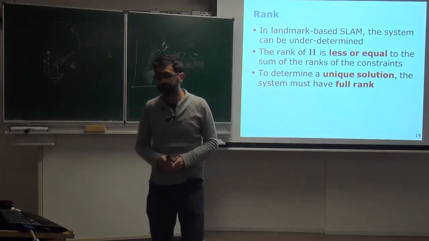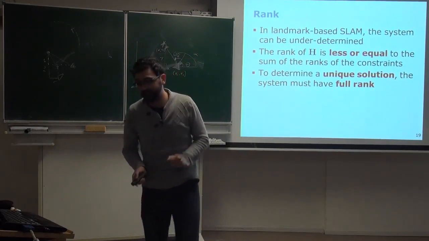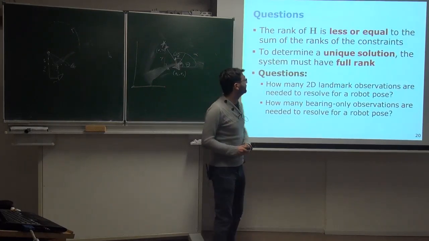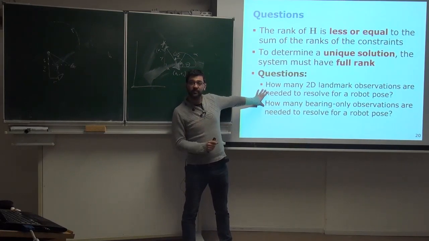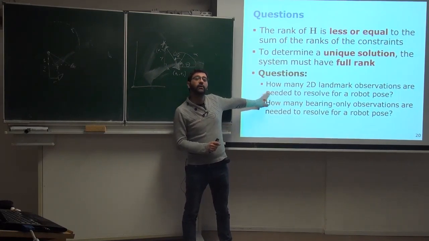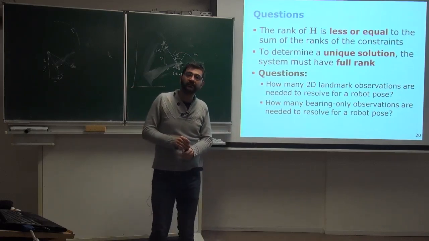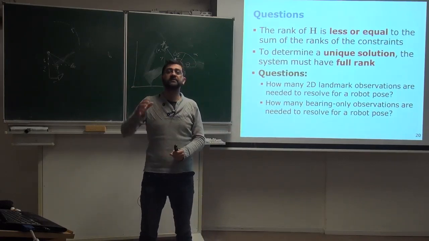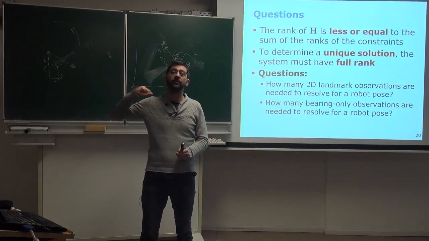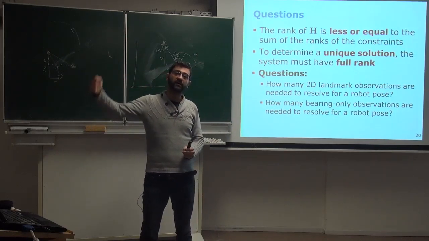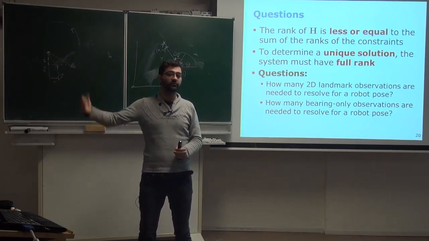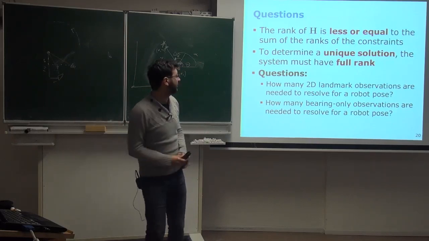The way we do it is, before explaining it, let's just figure out a few things. So we can have some special cases where we know at least how many measurements we need to get a full rank system, or at least a full rank system given that I fix either one robot pose or one landmark to 0, 0, 0 to find my initial reference frame.